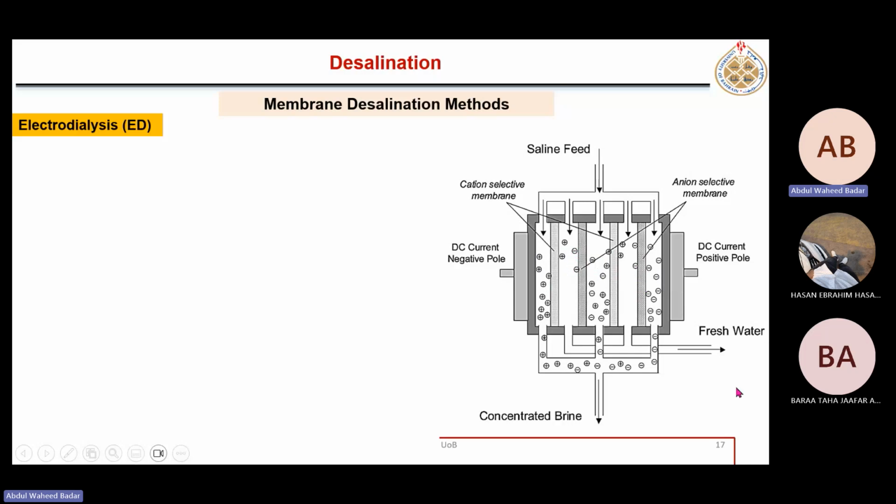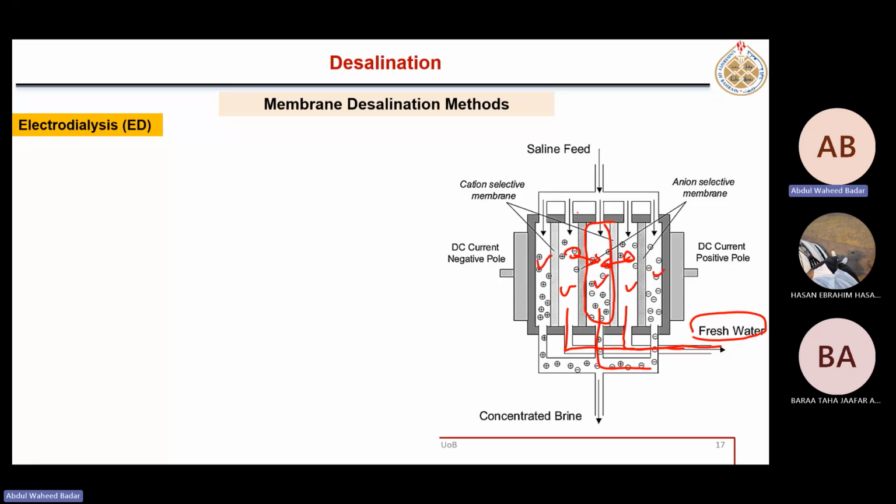These two columns, this one and this one, is where pure water is collected, fresh water. Positive was moving towards the negative pole, negative was moving to the positive pole. So in the middle, you have those positive and negative ions, which are collected separately, not only from the middle, but also from the last two.